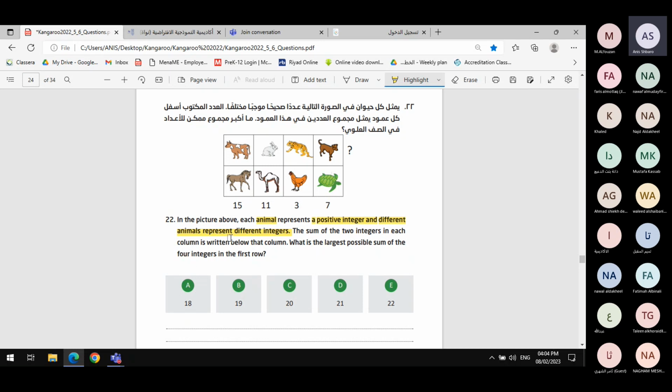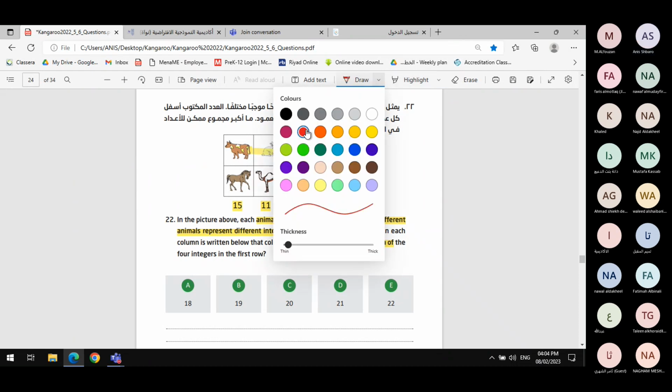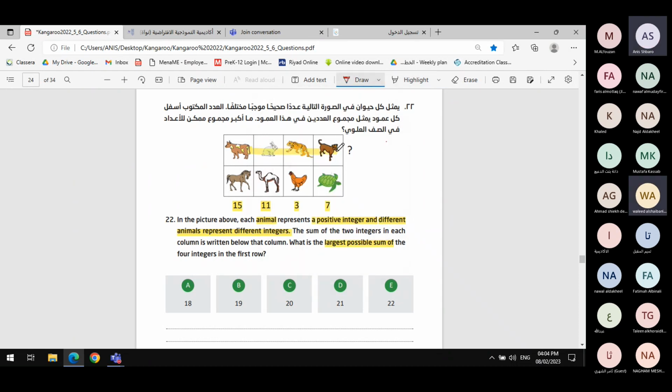The sum of two integers in the column is the following. And they want the largest possible sum of the four integers in the first row. So we're talking about those four animals. You started yesterday by saying, I'm going to assign the smallest integers, and we said that the smallest integers are 1, 2, 3, 4. Of course, we're talking about the positive integers only.